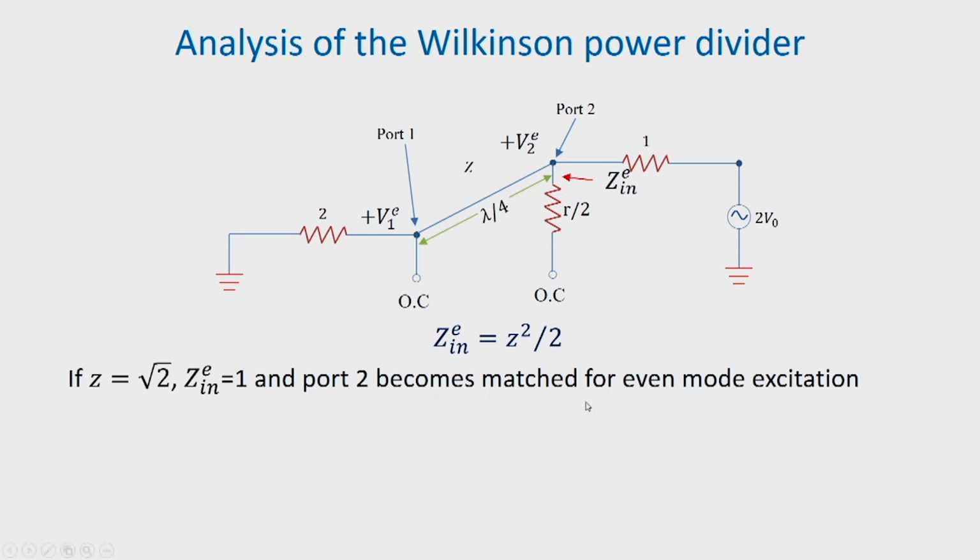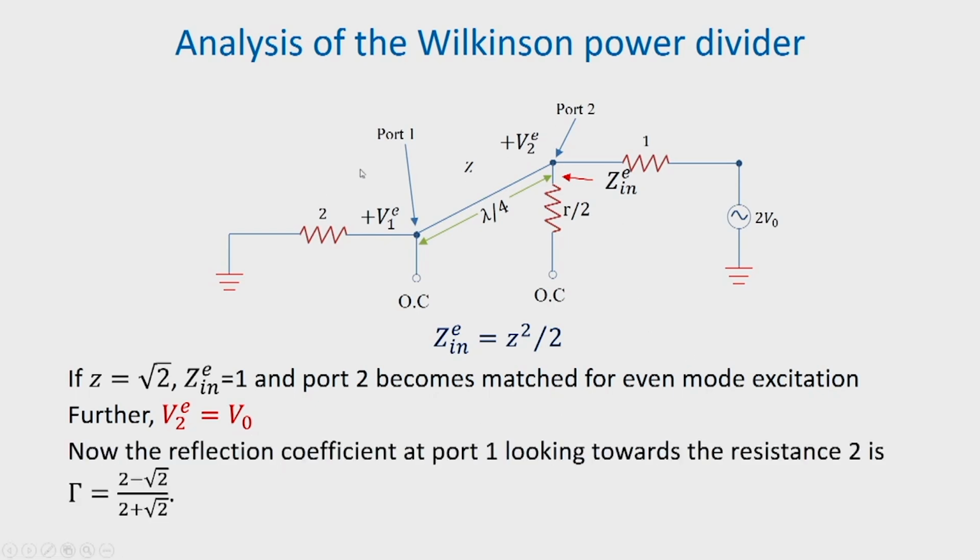So, we have found out the value of the characteristic impedance of the quarter wave section, and once Zin^E becomes 1, in that case by voltage division V2^E becomes 2 V naught by 2 into 1, which becomes equal to V naught.